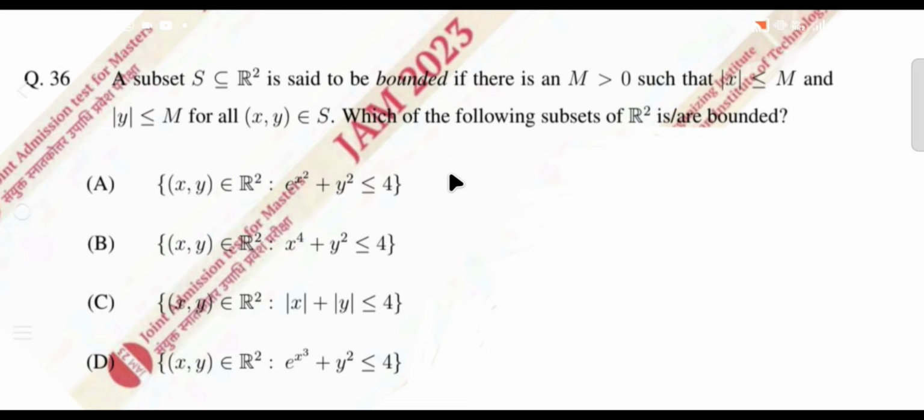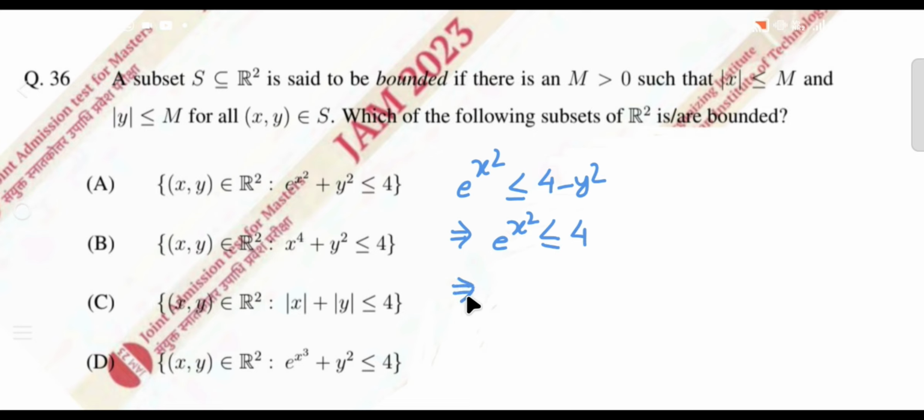See the first option, and this inequality can be written as, you know, y square is a non-negative number. It may be 0 or it will be positive. So obviously this implies that e to the power x square is less than or equal to 4.